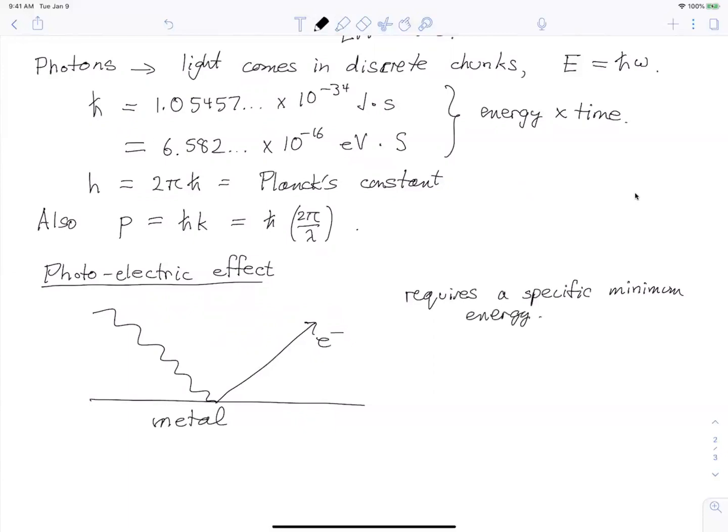And since the energy is related to the angular frequency up here, that means that if omega, the angular frequency, is too small, then no electrons are produced by ejecting from the metal, no matter how high the intensity of the light is.